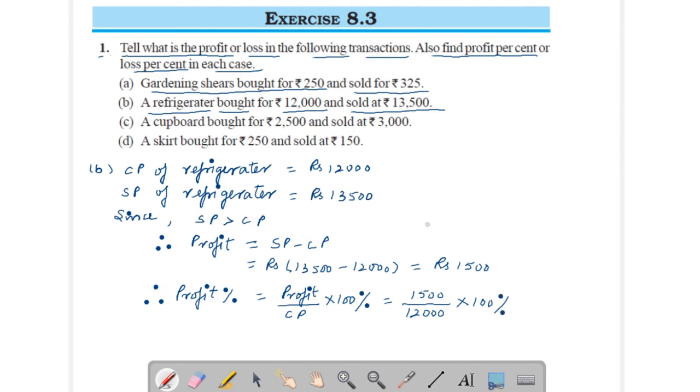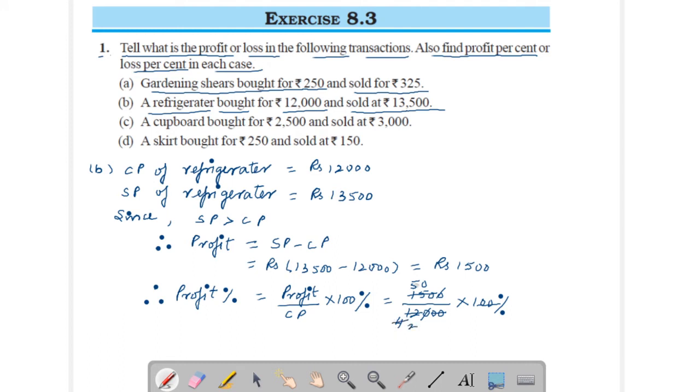Now solve it. Here you can cancel 2 zeros by 2 zeros, then 1 zero by 1 zero, then by 3. 3 fives are 15, and by 3. 3 fours are 12, again by 2.